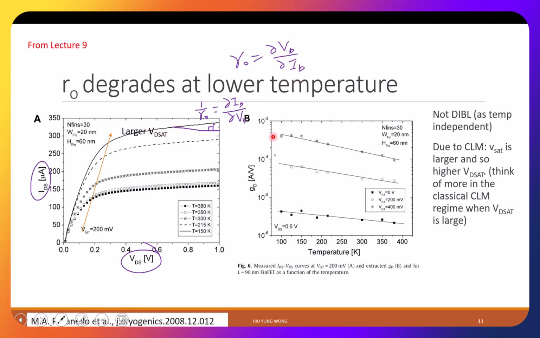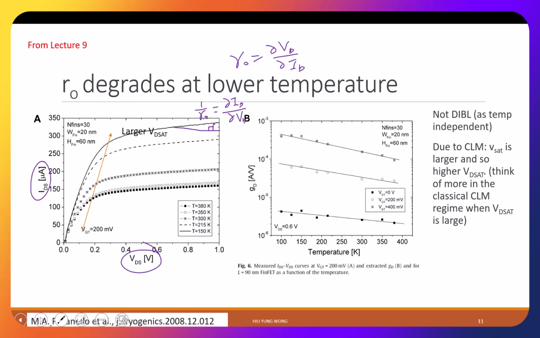When this is flat, what is the slope? 0. But 1 over 0 is infinity, right? The slope of this graph is partial ID, partial VD, which is 1 over R0. R0 is partial VD, partial ID.